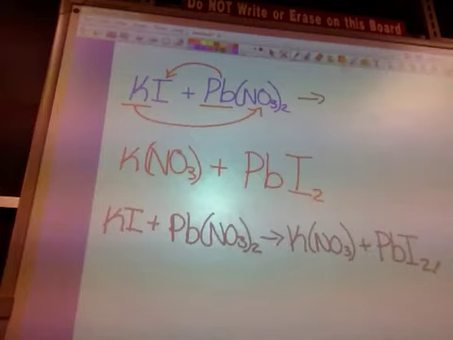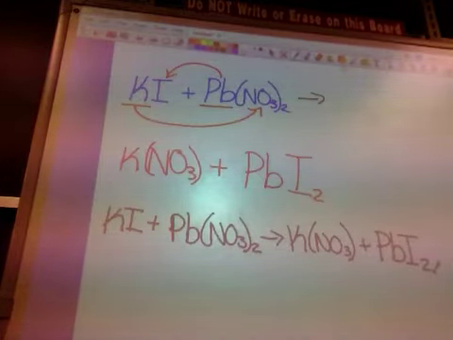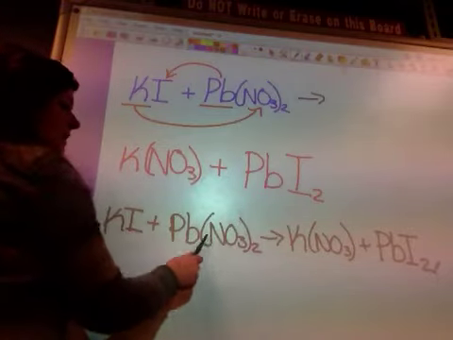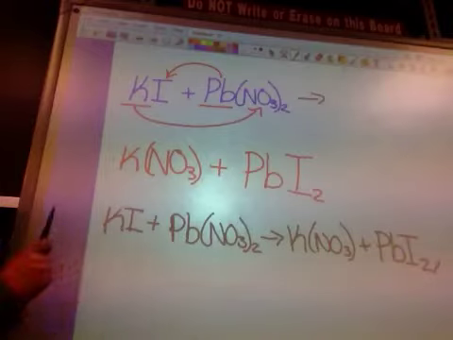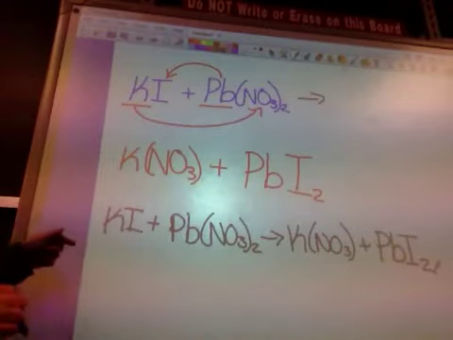Okay, the only thing now that I have to do is add coefficients in front because I know this is not balanced. I have 2 nitrate ions on this side, but I only have 1 on this side. And I have 1 iodine on this side, but I have 2 on my reactant side.